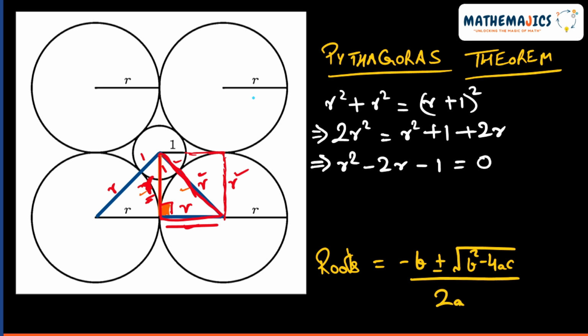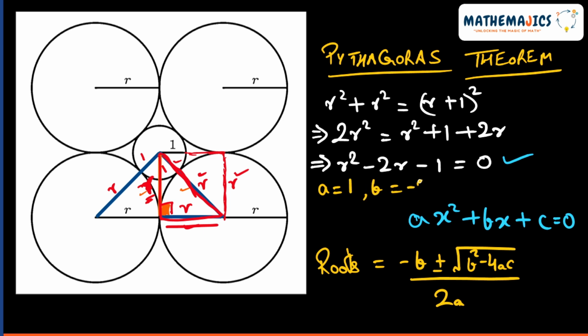Now what are b, a and c? The general equation of any quadratic equation is ax square plus bx plus c is equal to 0. According to our quadratic equation, what will be the values of a, b and c? The value of a will be 1, the value of b will be negative 2, and the value of c will be negative 1.